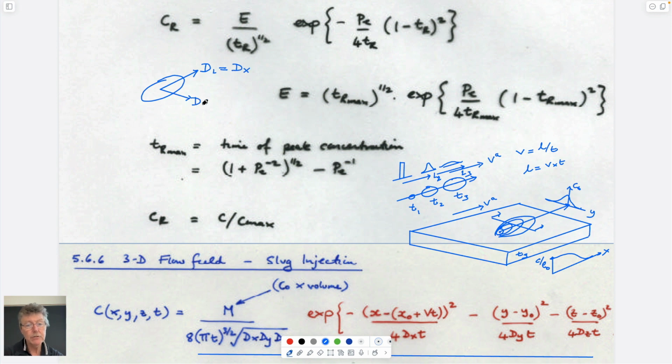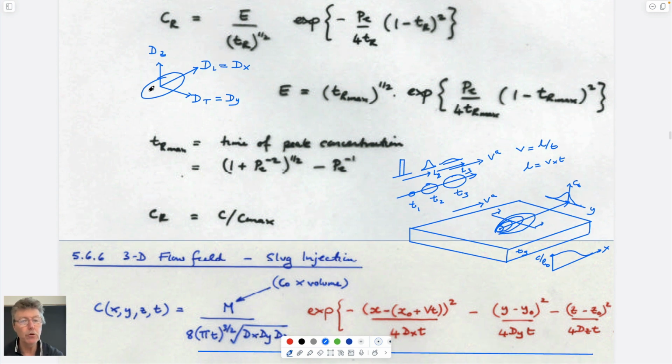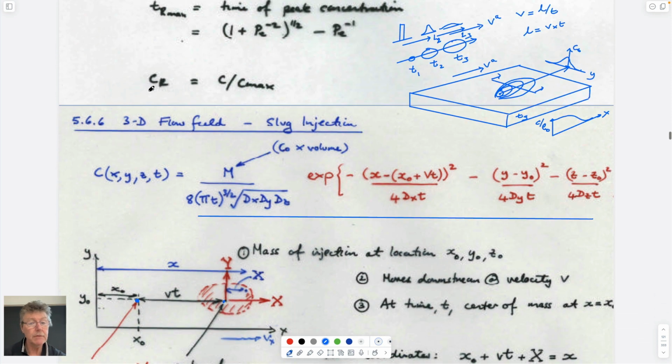You would have a lateral dispersion, transverse dispersion coefficient, which we'll call in this dy. And I guess it would have a vertical one, which we have no analog to that, which would be dz. So it can diffuse and disperse in all directions according to some coefficients which represent that behavior. They may all be the same or they may be different. And this gives its coordinates downstream as a function of time.